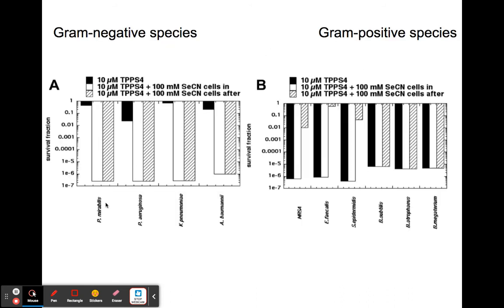It works for a lot of different gram-negative species, a lot of different gram-positive species, regardless of whether the cells are in there or you add them after, you get the same 5 or 6 logs of extra killing.